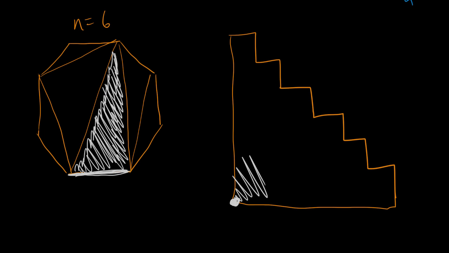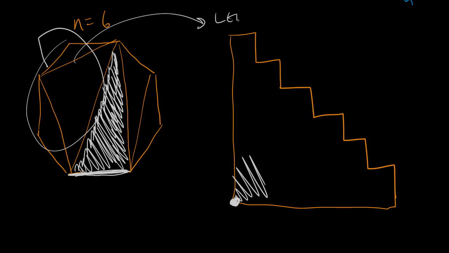And we can see that on the left, there are a total of 3 other triangles, and on the right, there are a total of 2 other triangles. So I'm going to draw a box over here that has 3 steps above it and 2 steps to the right of it. So my correspondence here is that left is like up, and then right is like right.